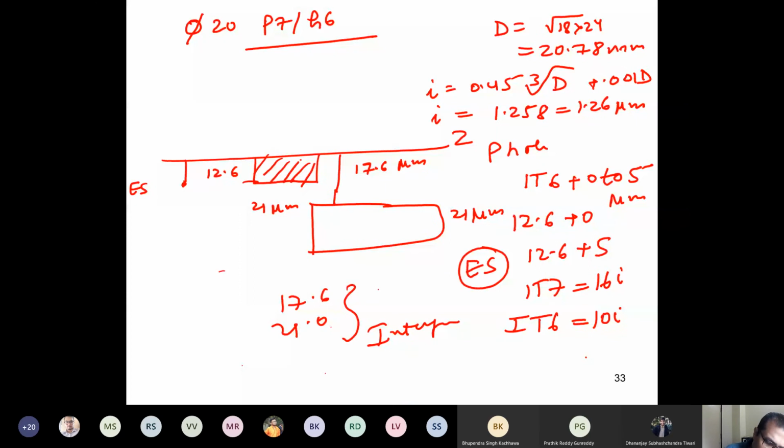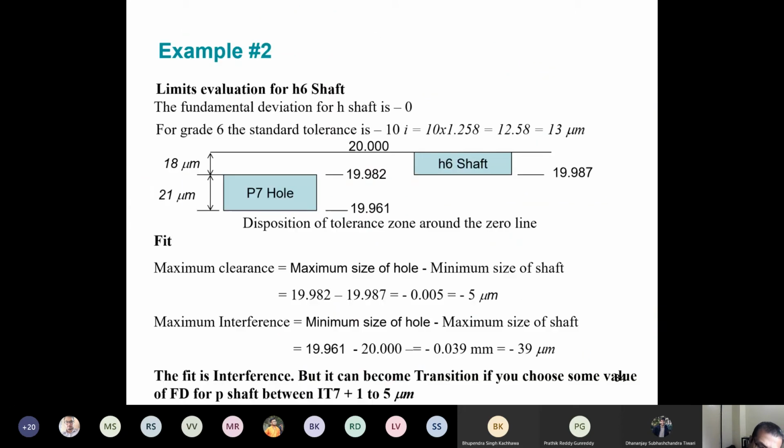Maximum of 39 microns. And what will be the minimum in this condition? Minimum interference, if you see, will be this, which is 17.6 minus 12.6, 5 microns. Minimum interference is 5 microns. Right?